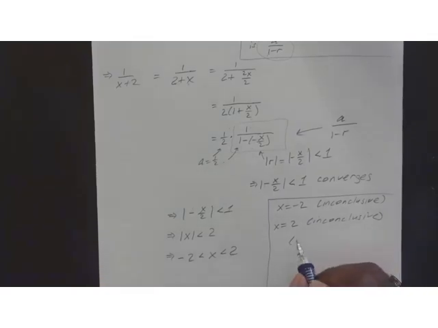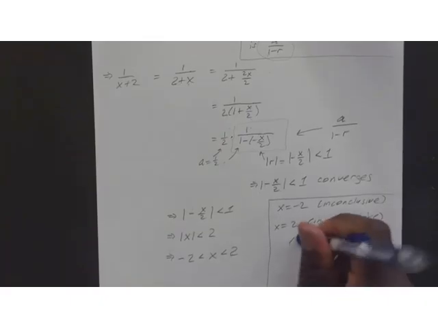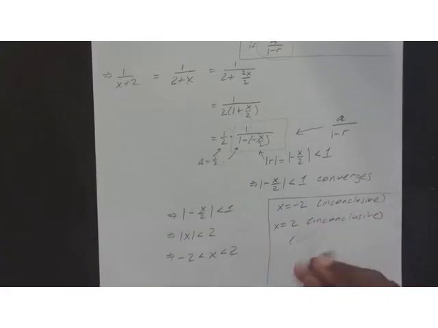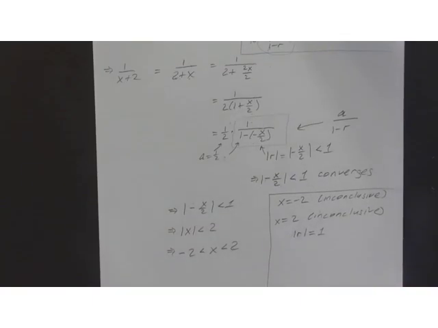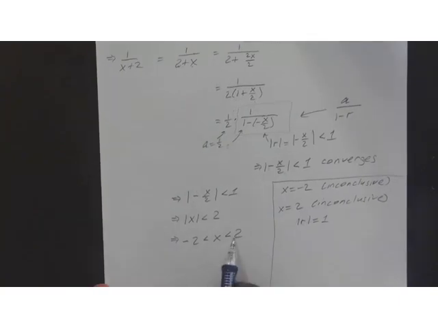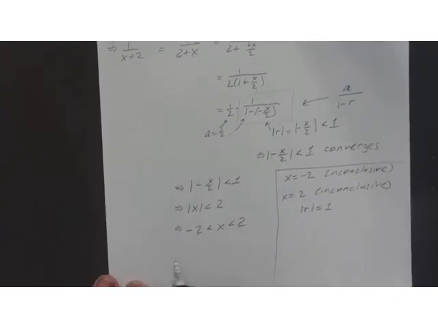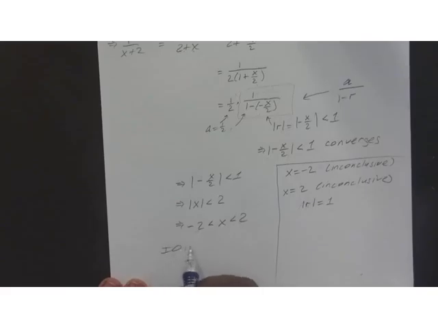Remember, both of those give the absolute value of r is equal to 1. So since it's inconclusive for both of those, we can't include either one of those. So we know that our interval of convergence is just from -2 to 2.